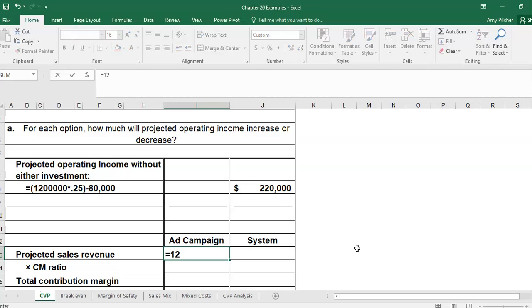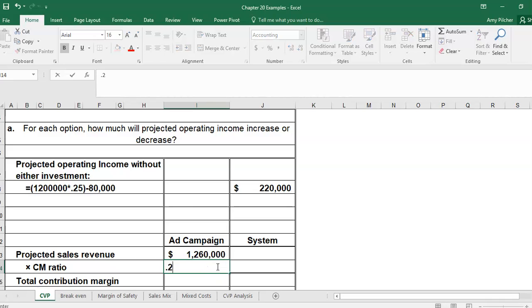So we want to take that 1.2 million times 1.05, or 105%, to get a 5% increase. Our new sales are projected to be 1,260,000.